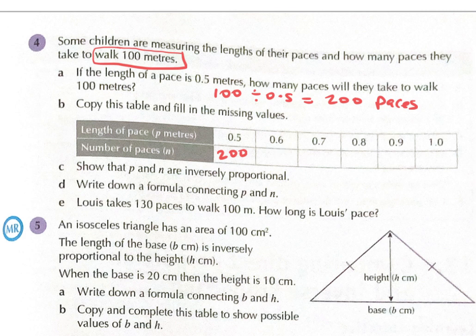For 0.7, you need to divide 100 by the length of the pace to find the number of paces. So 100 divided by 0.7 equals what? 142.9. Okay, round up.